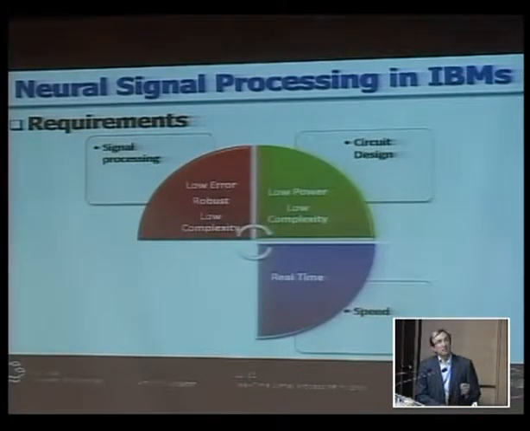So we need to have a circuit to realize the signal processing function that we are interested in. Then, as I was talking about, in most of the applications, we need to have real-time streaming of neural signals to the outside. So real-time operation of this hardware is also important.